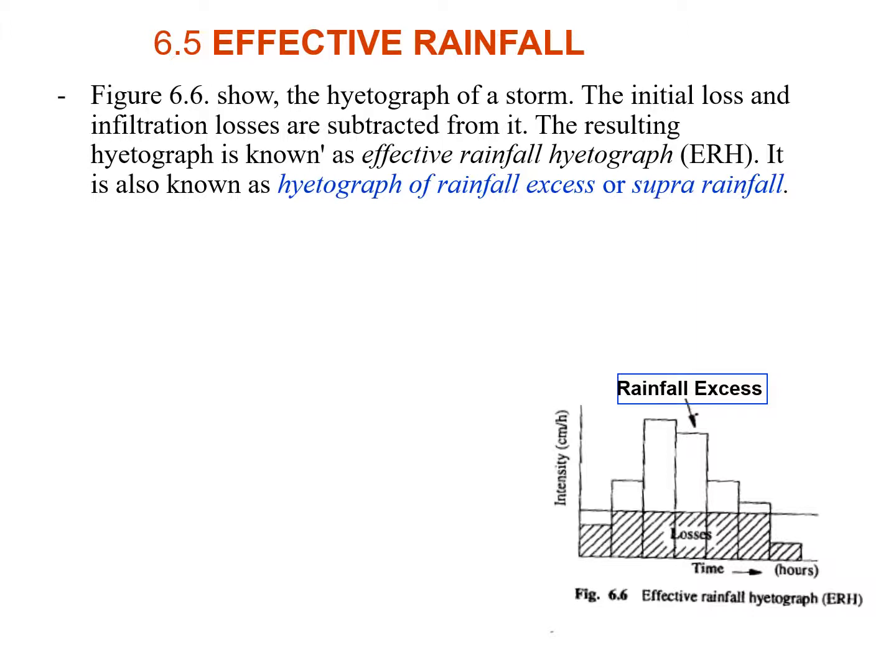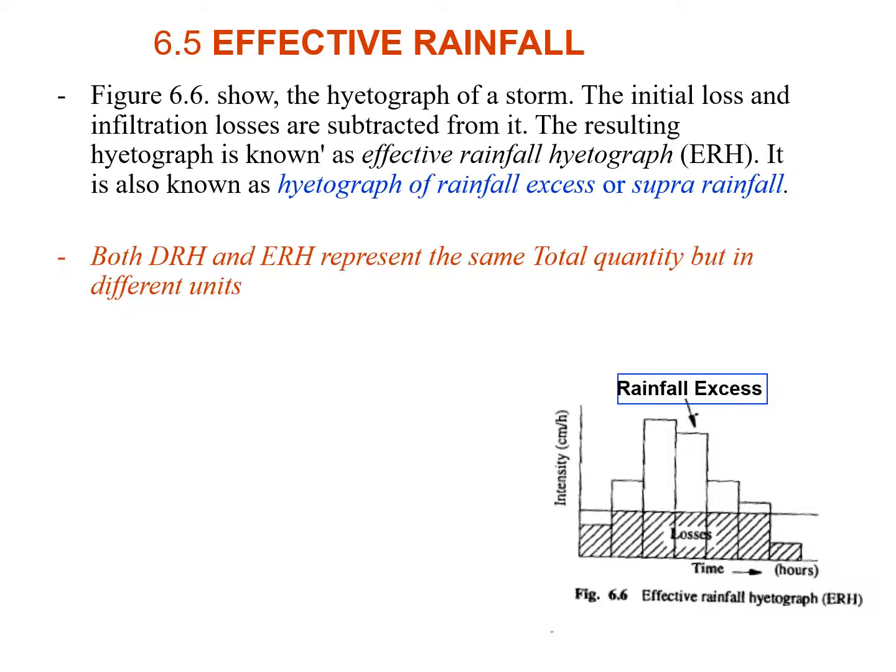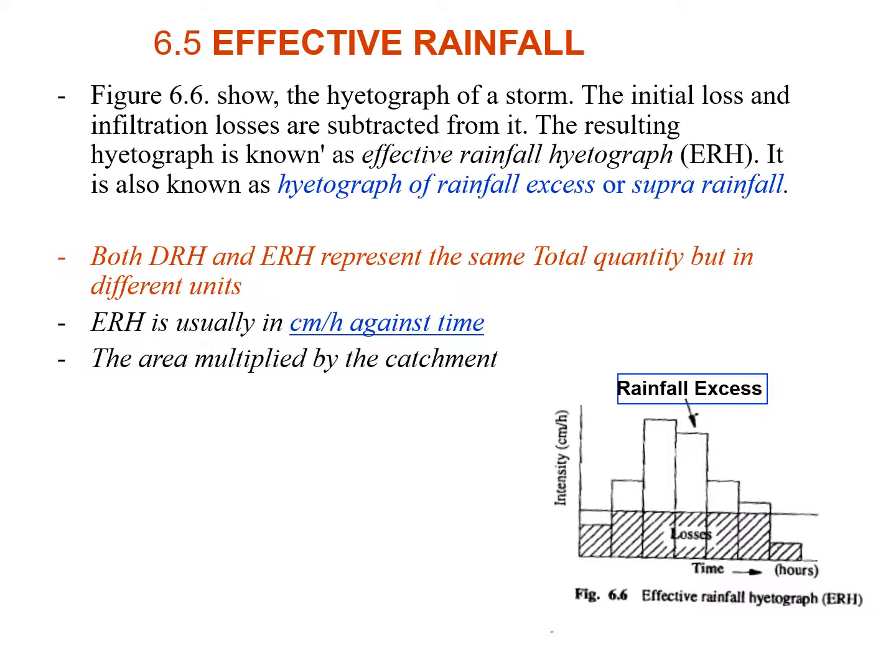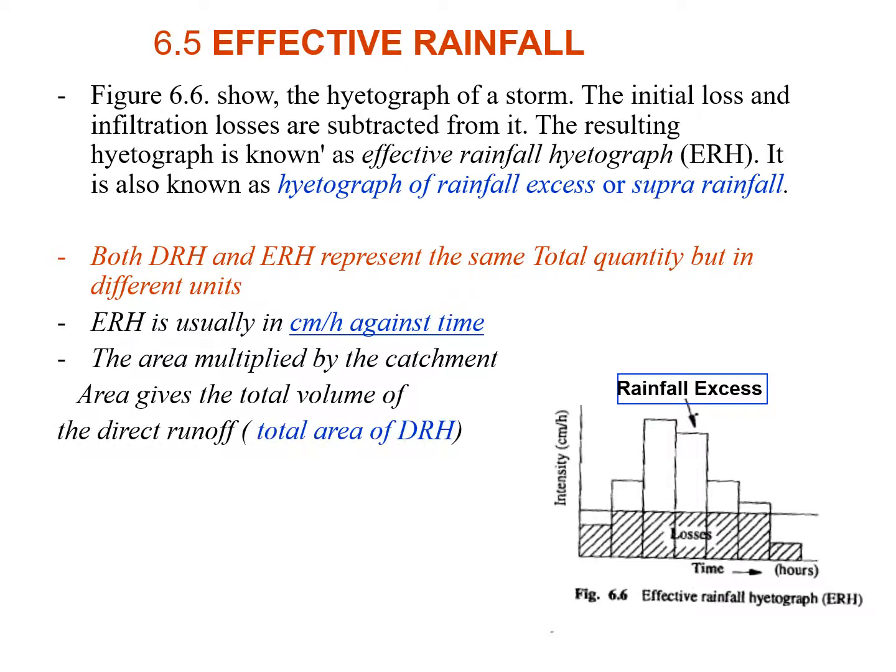The resulting hydrograph is called the effective rainfall hydrograph, ERH, the hydrograph of rainfall excess. Both DRH and ERH represent the same total quantity but in different units. ERH is usually in centimeters against time, and multiplying by the catchment area gives the total volume of direct runoff, the total area of the DRH.